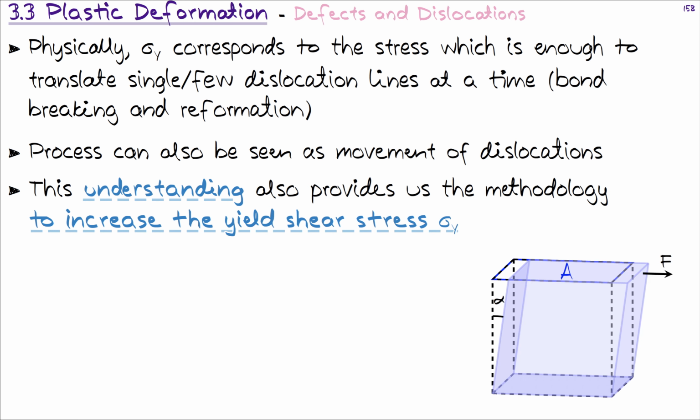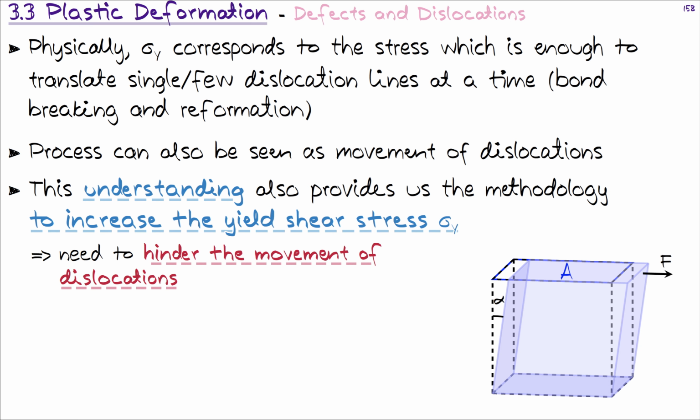So if you would want to come up with materials that would not be sheared that easily, based on this simple description we could conjecture that we need to somehow reduce the possibility of atoms to move. So we need to hinder the movement of dislocations somehow, and this should affect the yield shear stress values of materials.